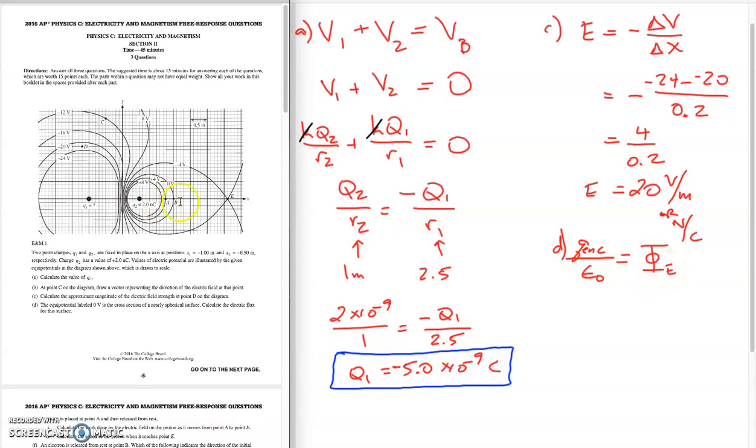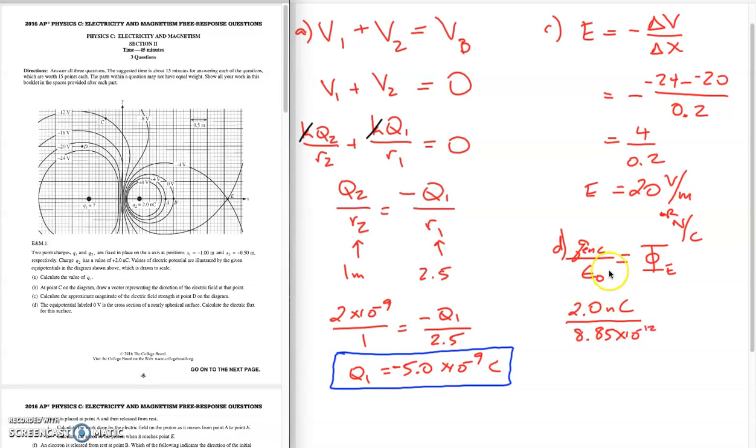Well, what charge is enclosed by that circle, or almost circle, at 0 volts? It's just Q2. So Q enclosed is just Q2. And if you notice here, doing your work for part D does not depend on correctly calculating way back in part A. These parts are independent of each other.